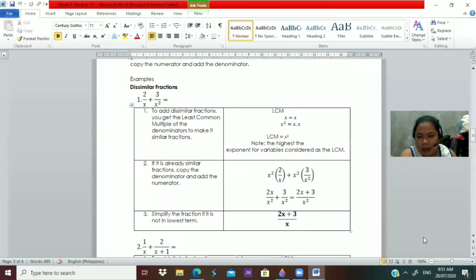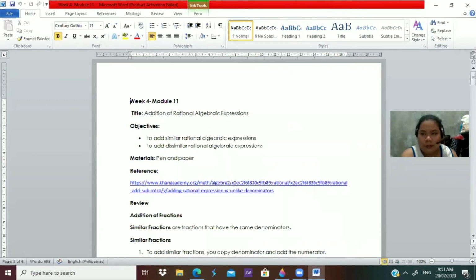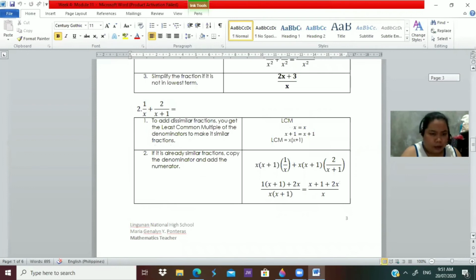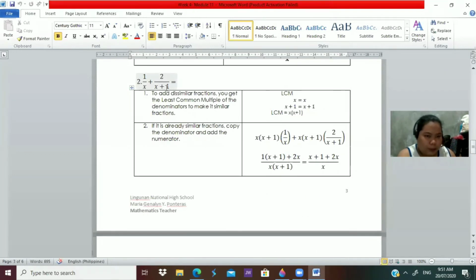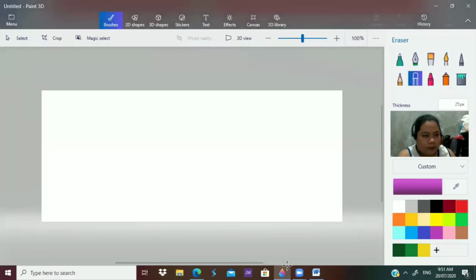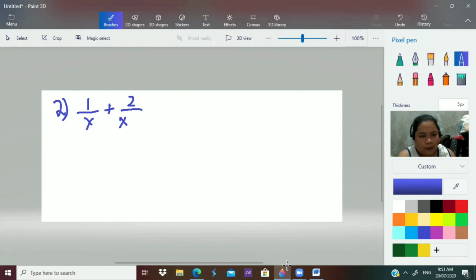Okay, let's have second example. Second example, you have 1 over x plus 2 over x plus 1.